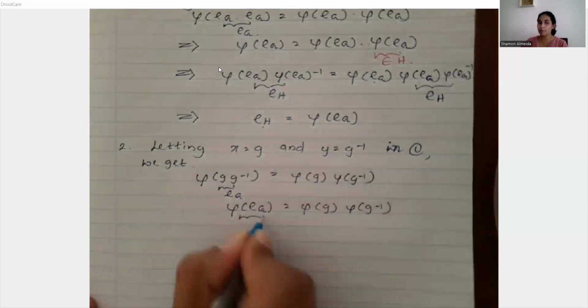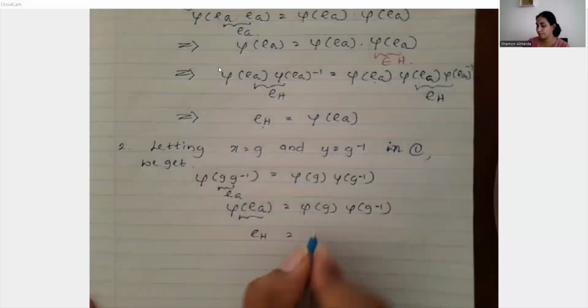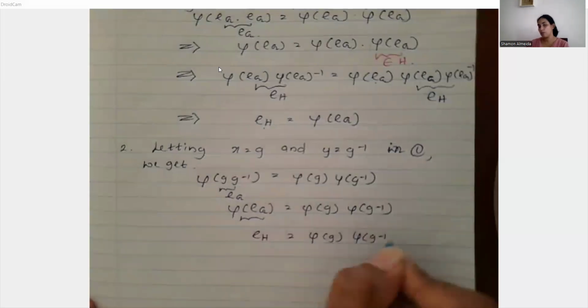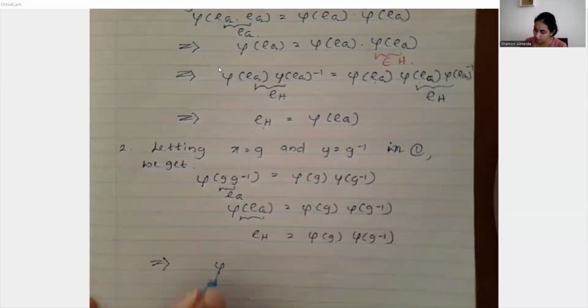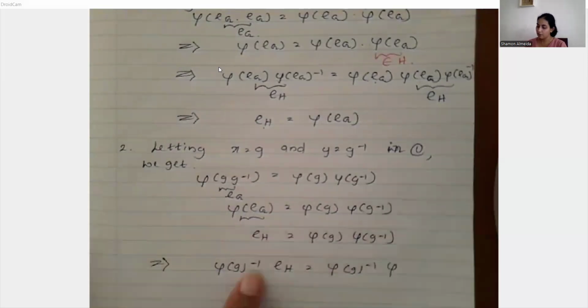Now this by part 1 will be mapped to the identity in H. Now we will take the inverse of this element on both sides. On the left, your left will reduce to the inverse of this element.